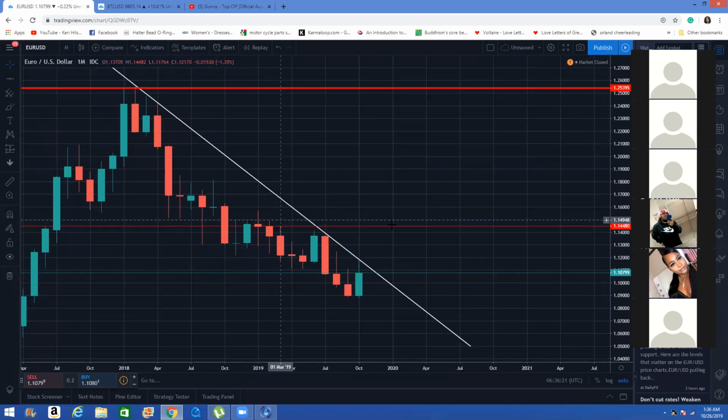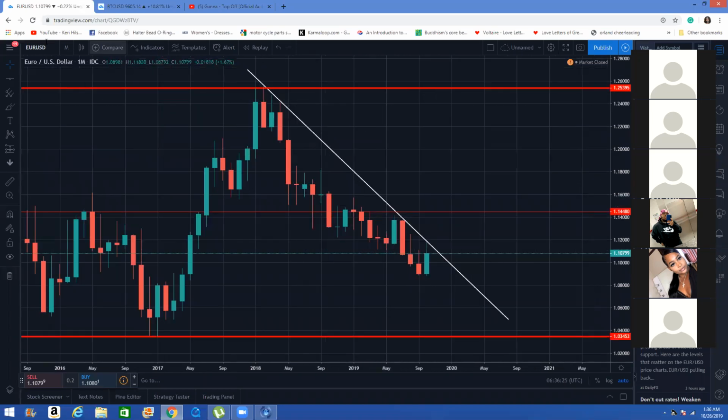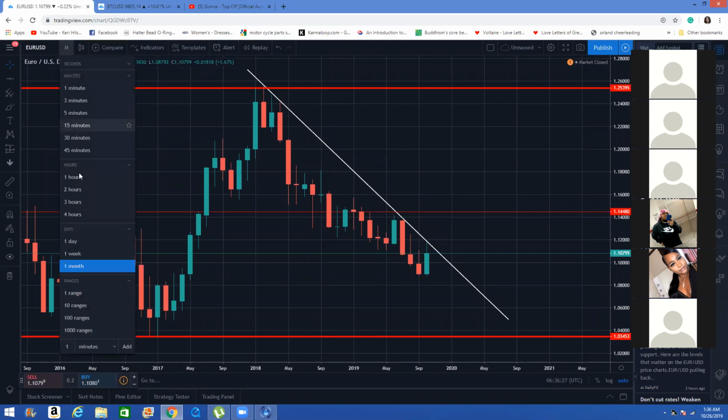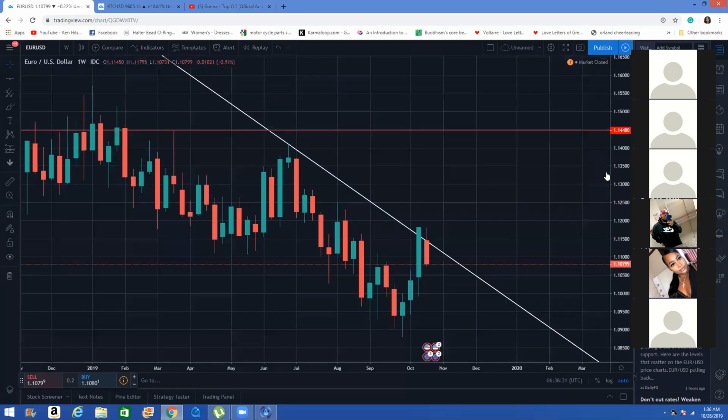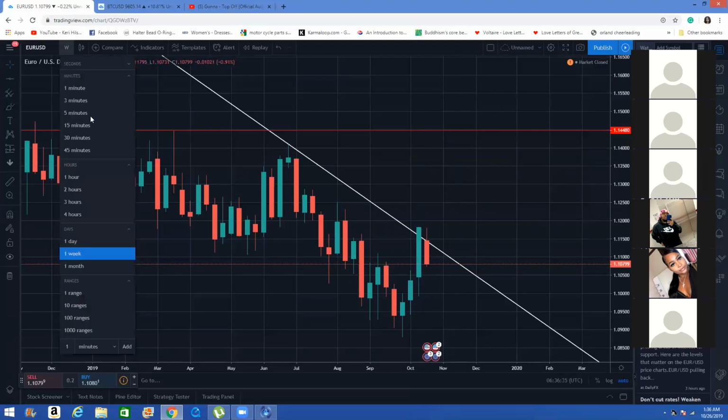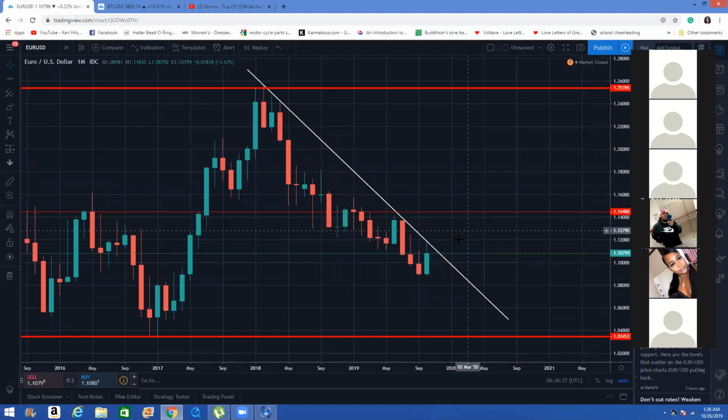All right, so everything is cool for me. I've marked up the monthly and I'm good. Now I'm going to go to the weekly and see exactly what's going on. Like I said to y'all, on that monthly chart it might just be showing the wick rejection.